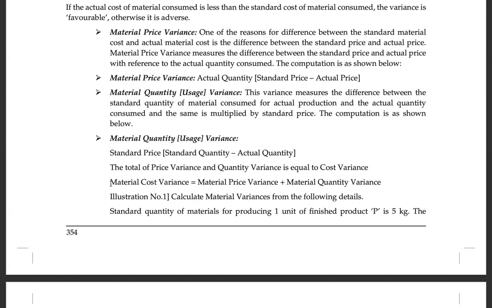So therefore, this is the formula. Material cost variance is equal to material price variance plus material usage or quantity variance. Come again, material cost variance is equal to material price variance plus material usage or quantity variance. Don't get confused.